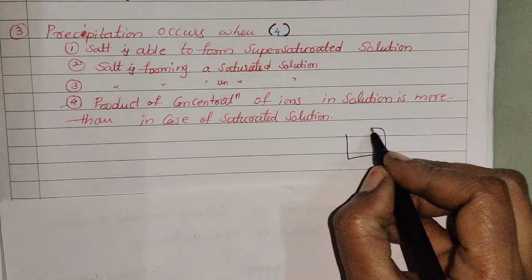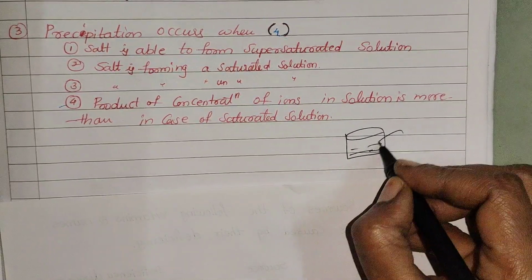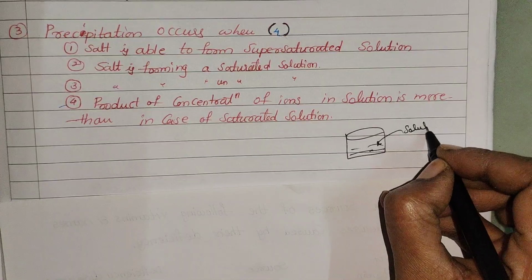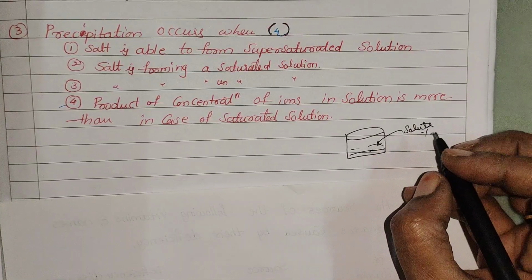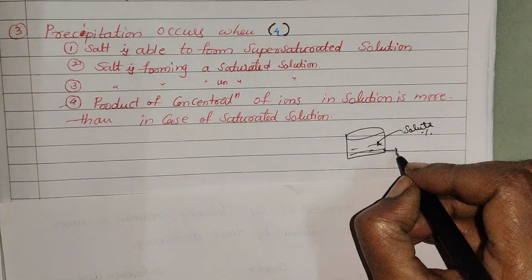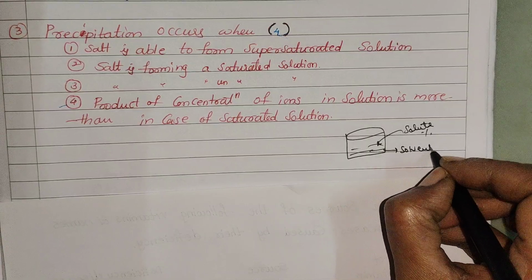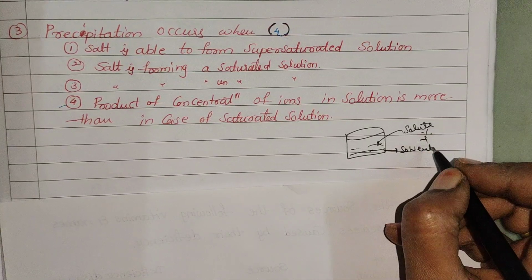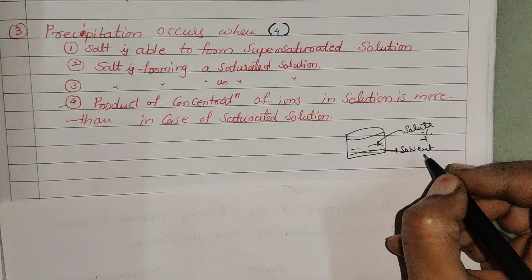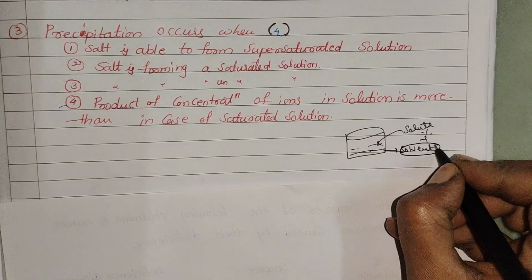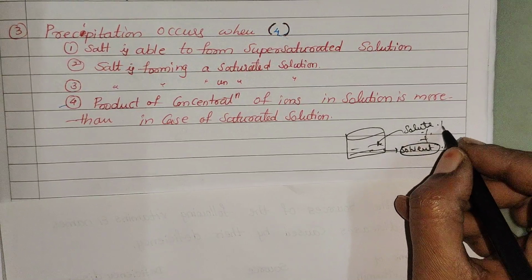Okay, so when is a precipitate formed? Simple beta, when the solvent is mixed with the solute, nothing but a less percentage of powder, and the solvent is a more percentage. Now remember properly, solvent means more percentage, solute means less percentage.